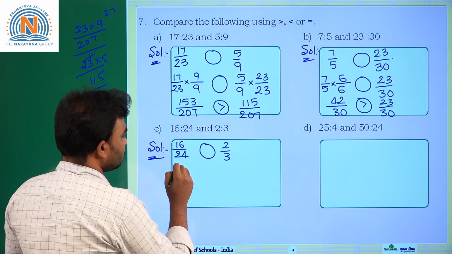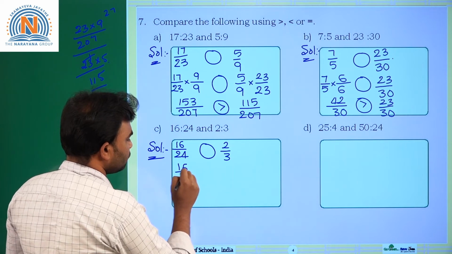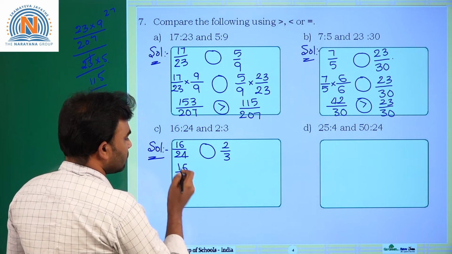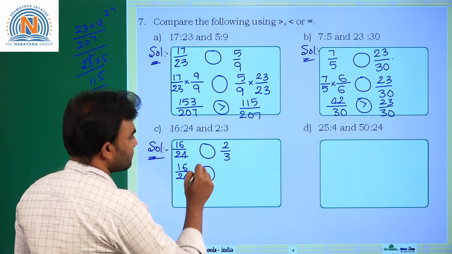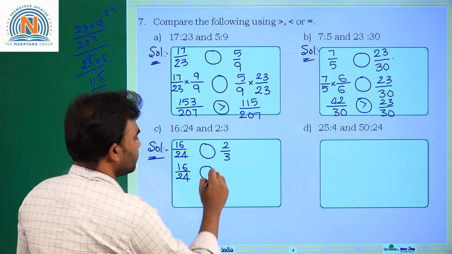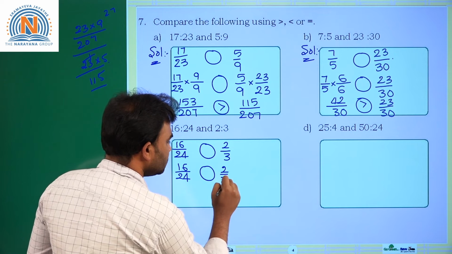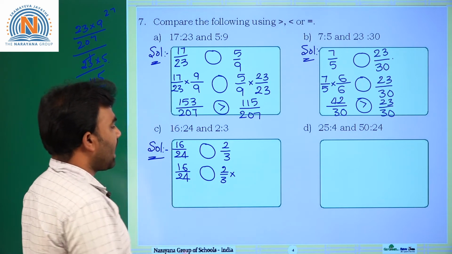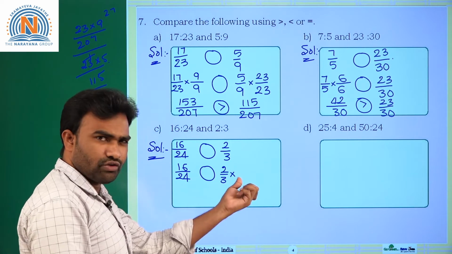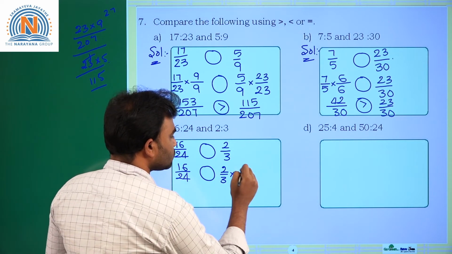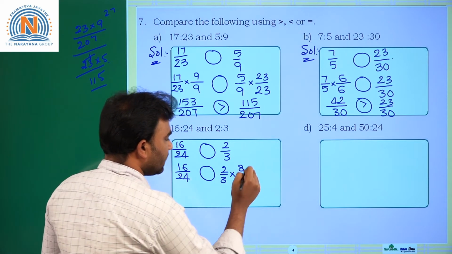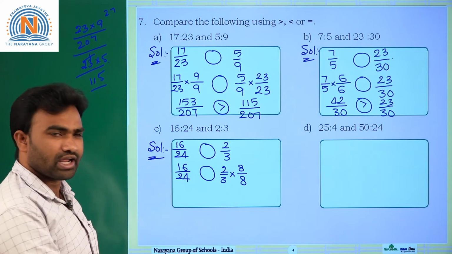Now 16 by 24, as the LCM is 24, write the fraction as it is. Next 2 by 3, in the denominator we have to make it 24. To make it 24 we have to multiply by 8, 3 8s are 24, right?